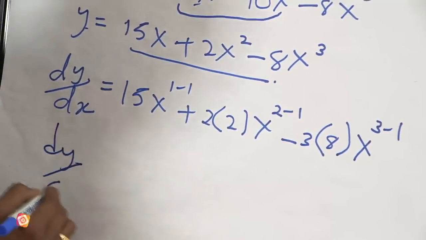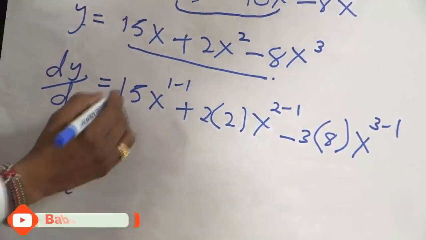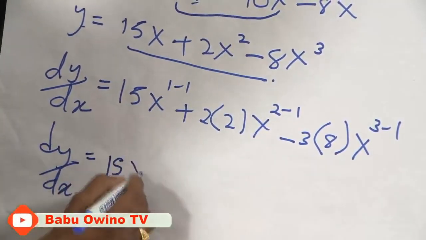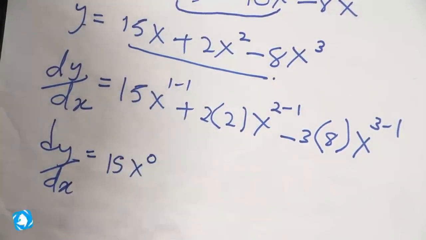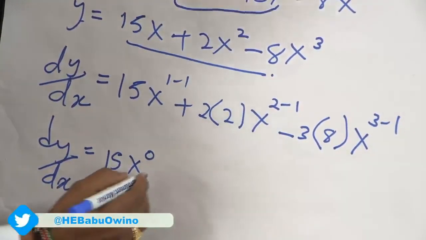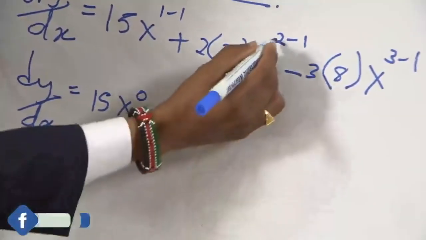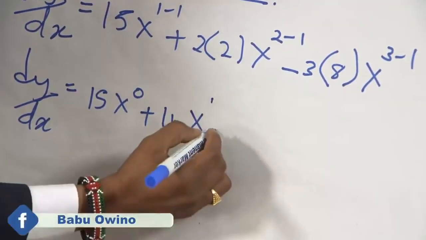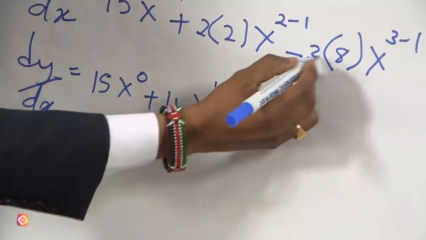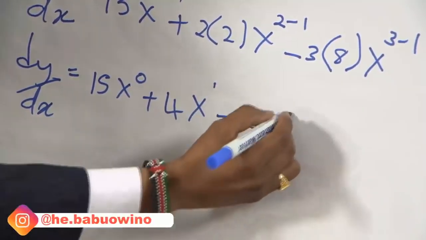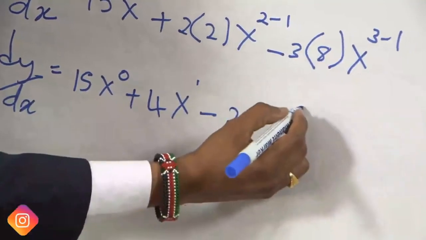So dy/dx equals 15x raised to power 0, since 1 minus 1 is 0, plus 2 times 2 is 4x, 2 minus 1 is 1, minus 3 times 8 is 24x, 3 minus 1 is 2.